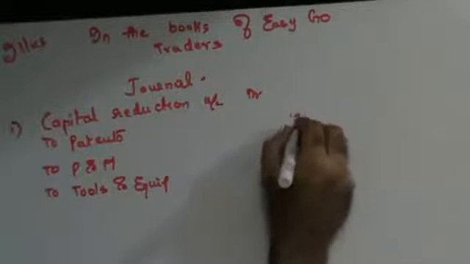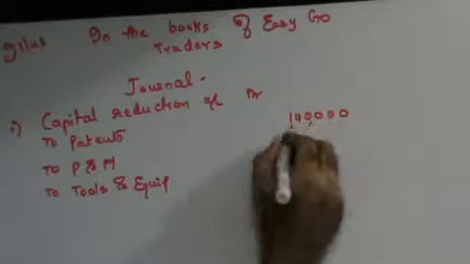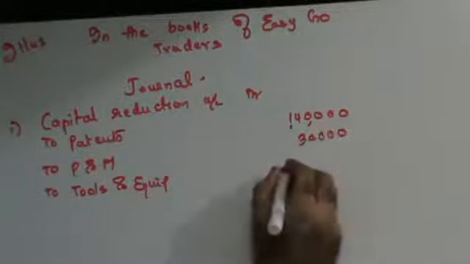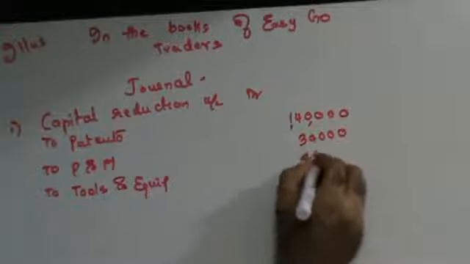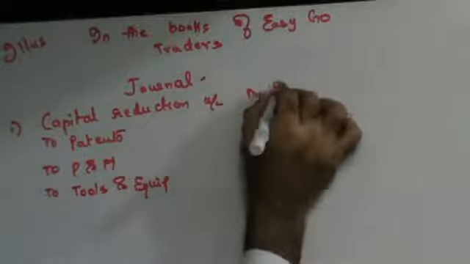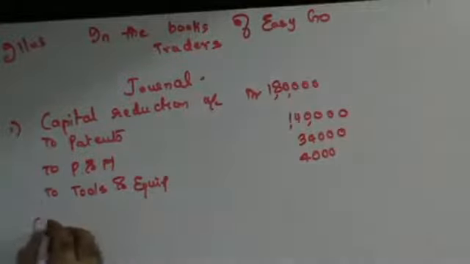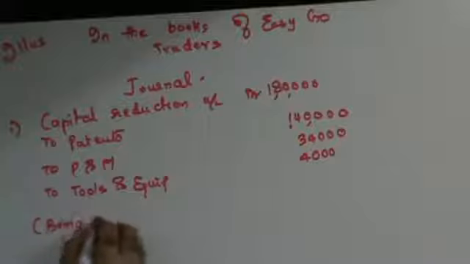Patents are to be written down by 1,40,000, plant and machinery by 34,000 and tools and equipment by 4,000. So this is 1,80,000, being assets written off.